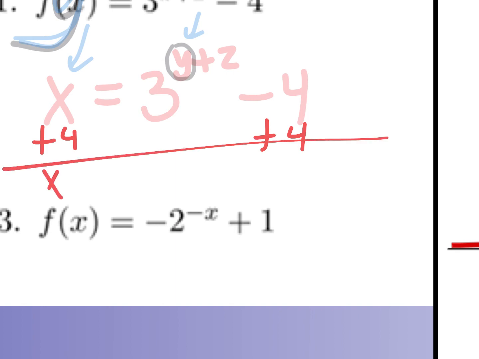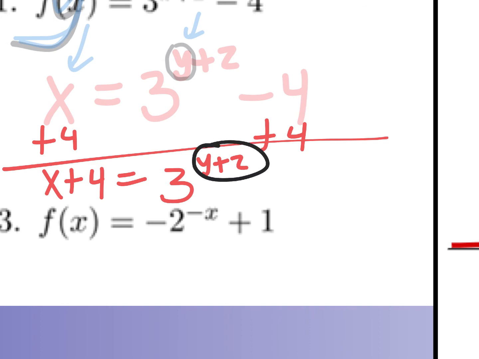And I have x plus 4 equals 3 to the y plus 2. And now you would be stuck with any standard thing. If you decided, like, I'd like to multiply both sides by this, it won't work. Because this is what we have logs for. Anytime you have something in the exponent that's causing you trouble, it's log time.